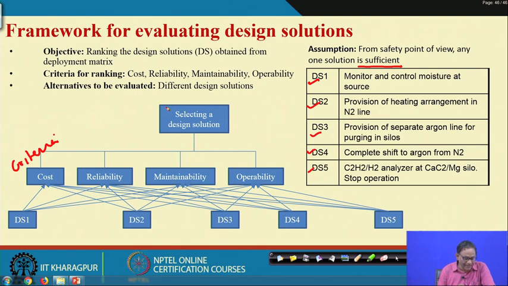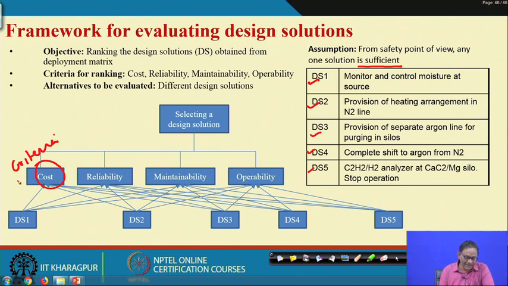What are the criteria we have considered for design solutions, which are basically interventions? It may be a hardware intervention, software intervention, or humanware intervention, but every intervention that ultimately leads to improvement in safety has a cost involved in implementing it.